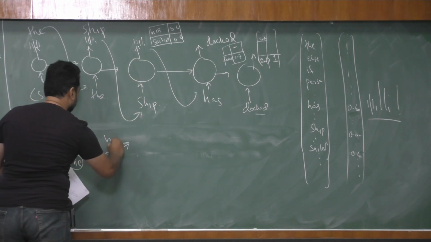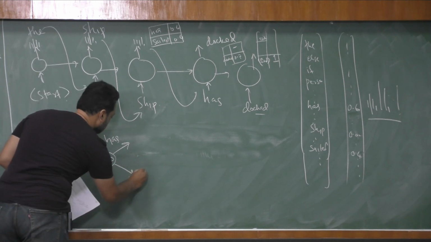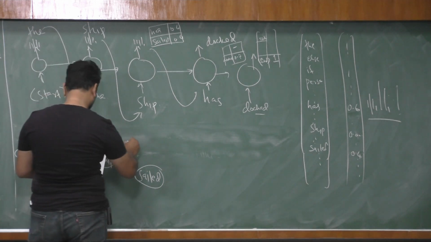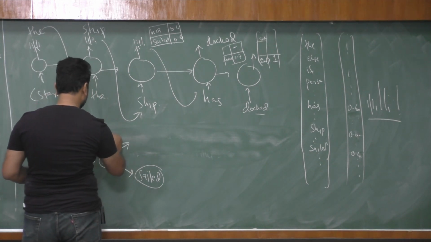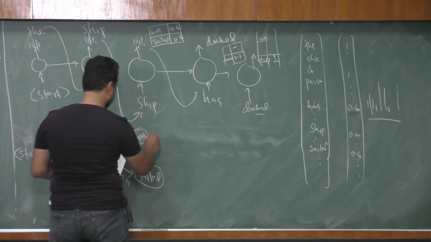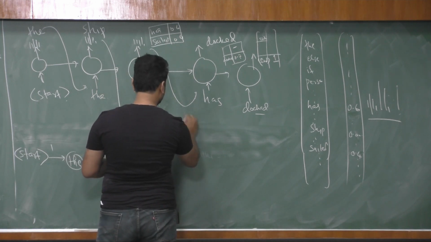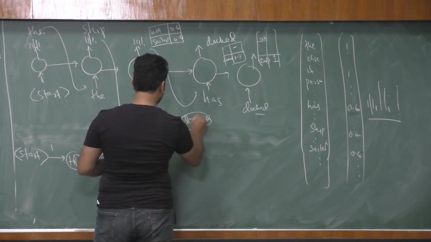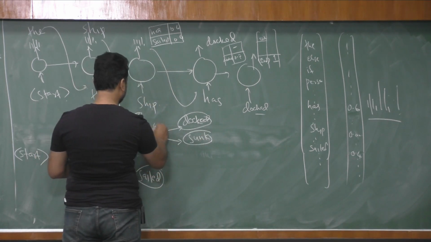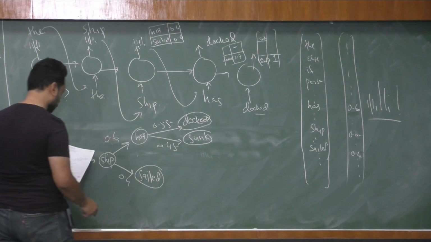I could have followed the "has" branch, or I could have followed the "sailed" branch. Let us say this is 0.6 and this is 0.4, and I arrived at the "has" branch, which again could have gone into "docked" or into "sunk", with probability 0.55 and 0.45.